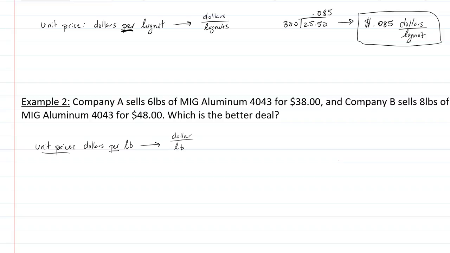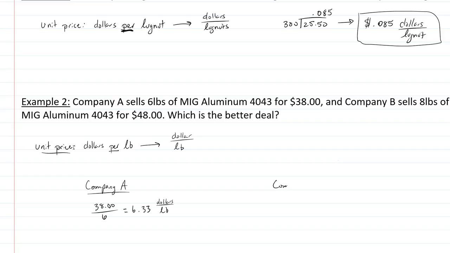So let's figure out what the unit price is for each company. So Company A, we take the total dollars, $38, and put it over 6 pounds. This equals approximately $6.33 per pound.